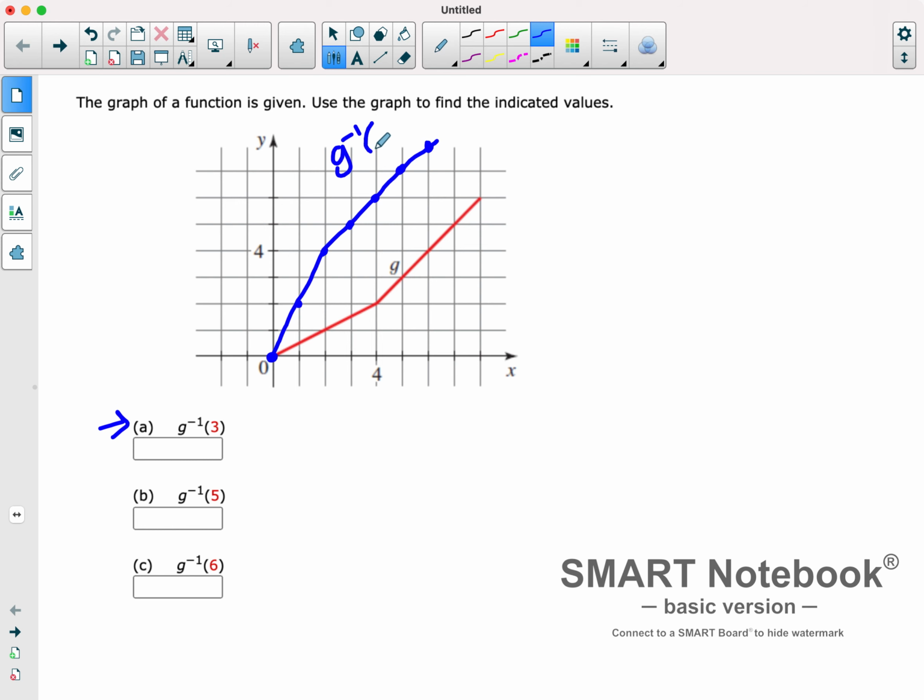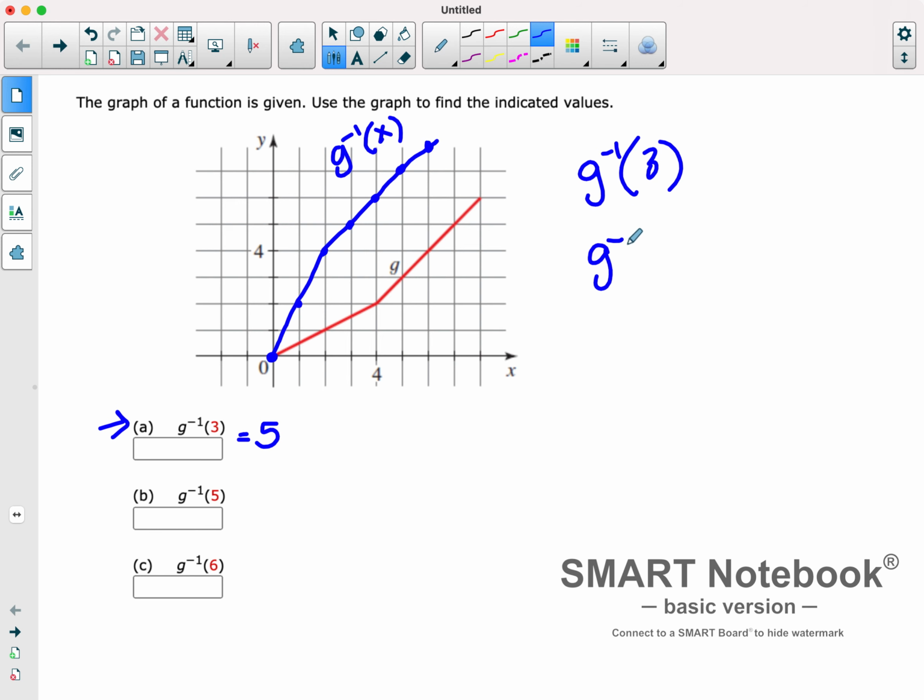And so when it says find g inverse of 3, that means 3 is now the input for the inverse. And I could go to 3 now on the x-axis and go up to the inverse, and it has an output of 5. So you could plot the inverse and then look at it this way.